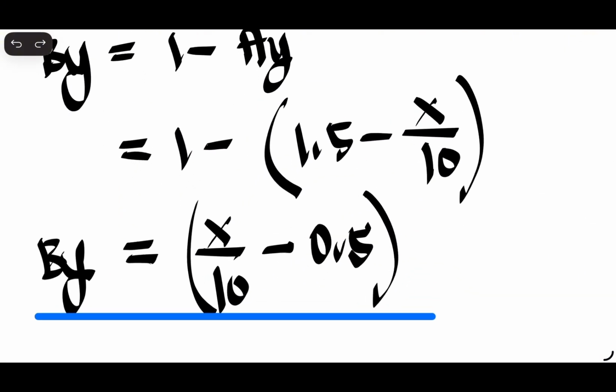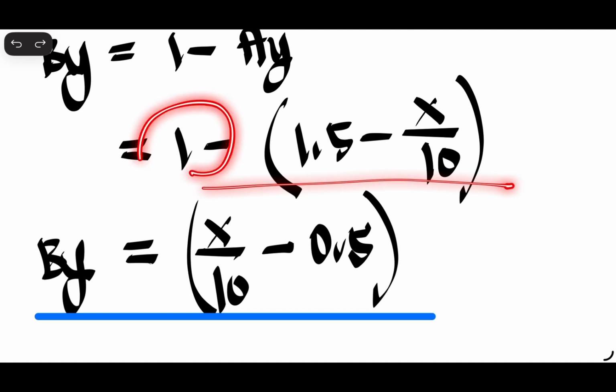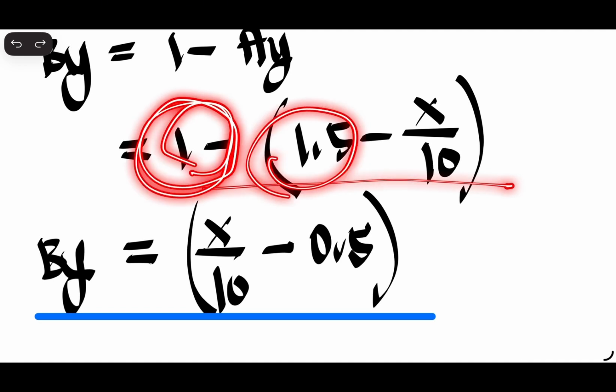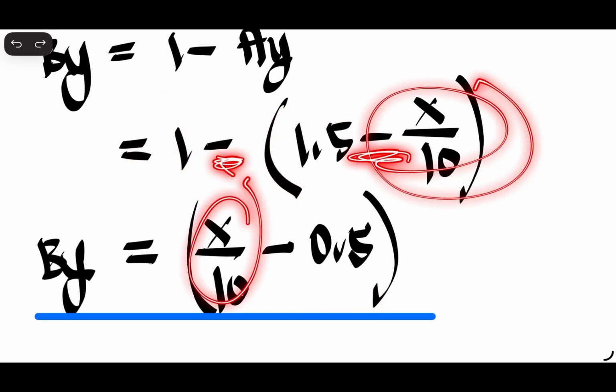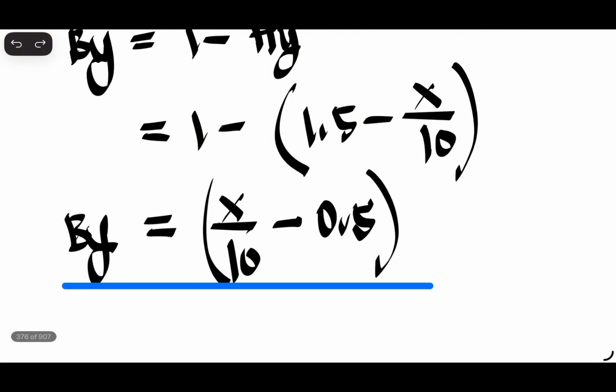Simplifying, we have 1 minus 1.5, which is negative 0.5, and then negative times negative is positive X over 10. Therefore, the equation for BY is X over 10 minus 0.5.